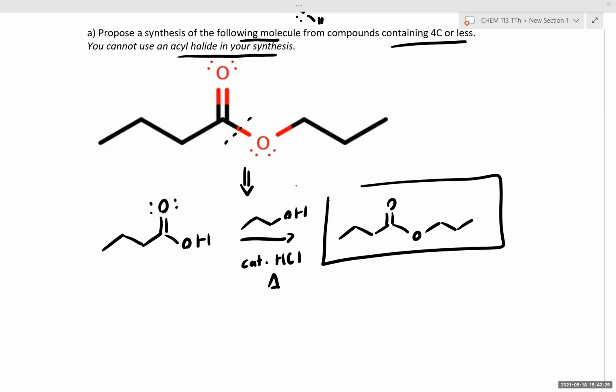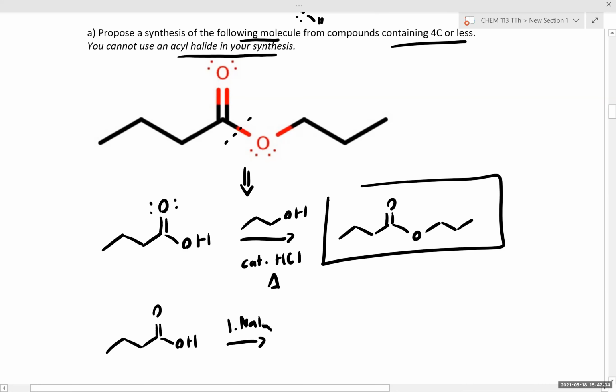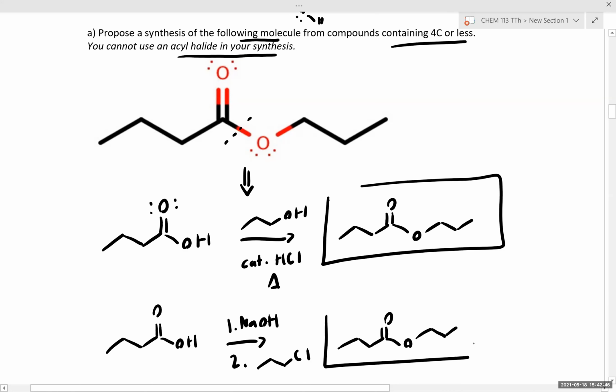Yeah, another route would be to go from the carboxylic acid, make the carboxylate ion, and then treat with the alkyl halide. That would also work. Yeah, so there are 2 main methods for this. Both are reasonable. Does this example make sense?